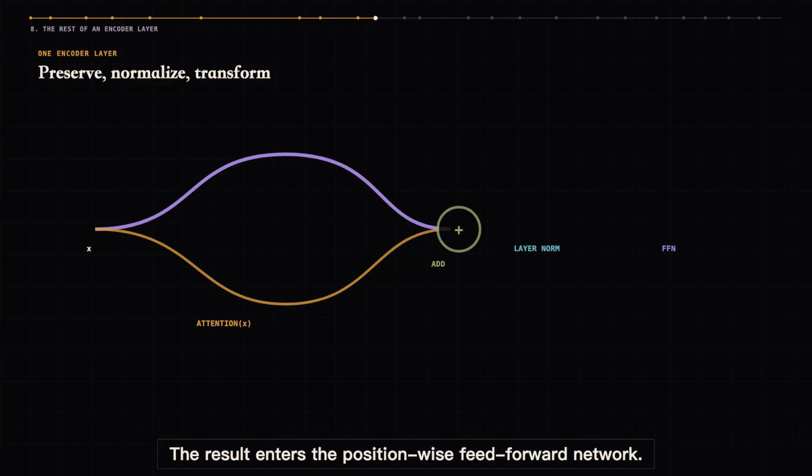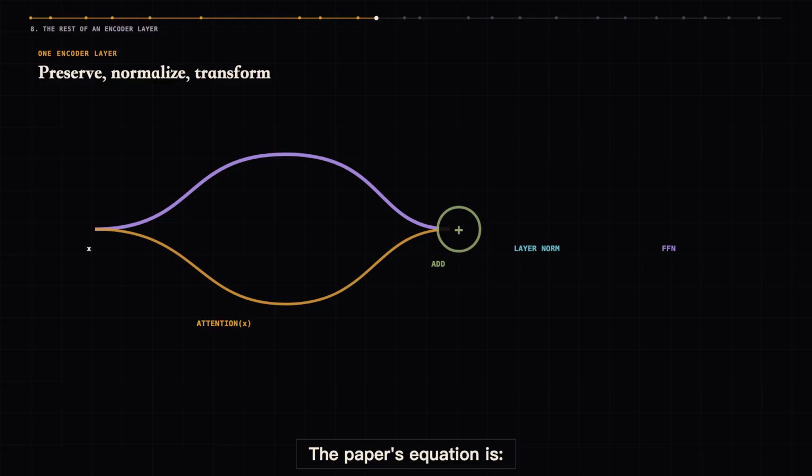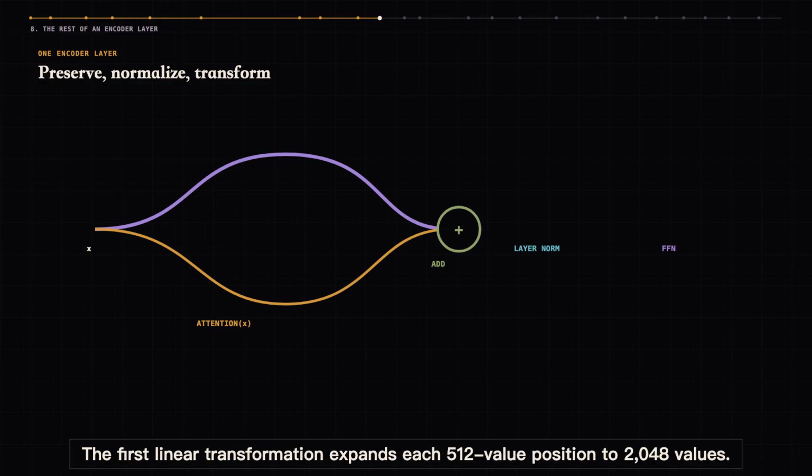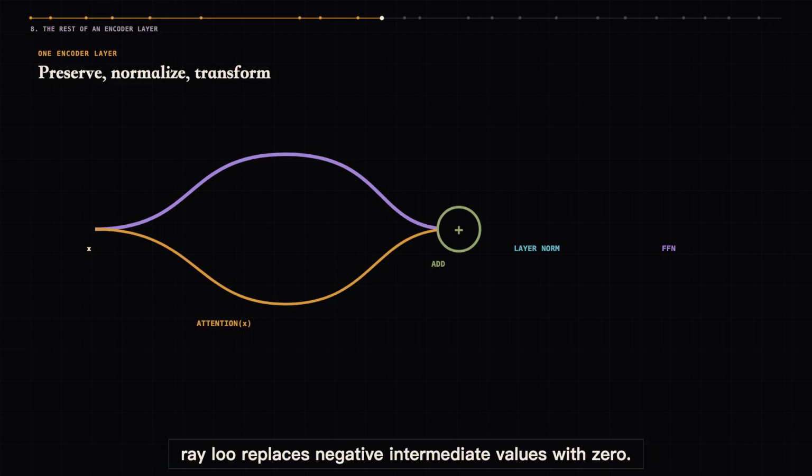The result enters the position-wise feed-forward network. The paper's equation is FFN of x equals max of 0 and xW1 plus b1, multiplied by W2, plus b2. The first linear transformation expands each 512-value position to 2048 values.